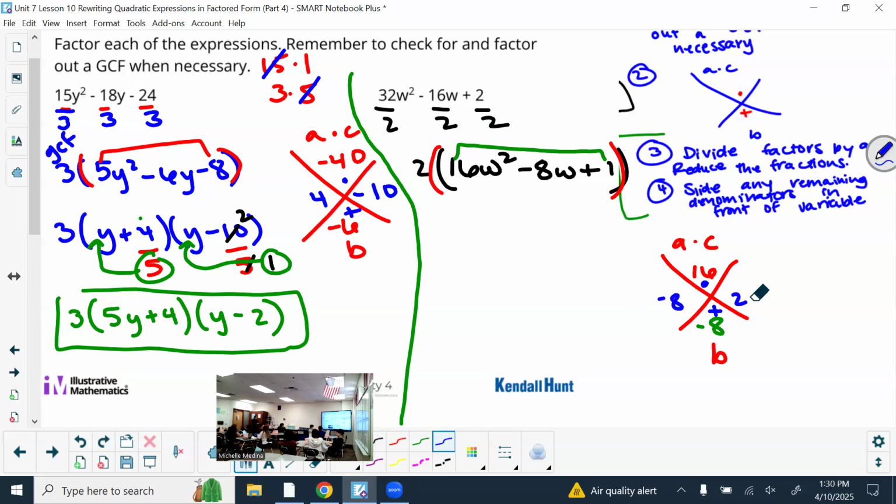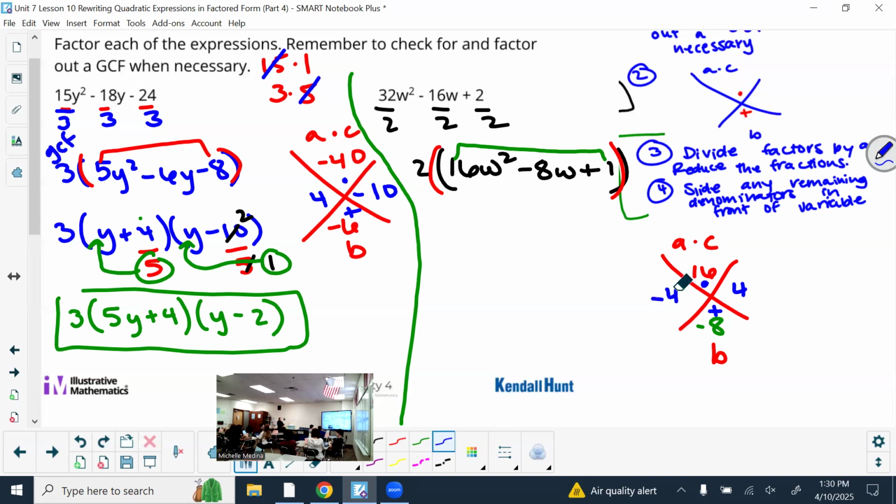Well, if I multiply them, then I would get a -16, which should be positive. If I add them, I get a -6, so it can't be those numbers. What else multiplies to 16? So it multiplies to 16. How do I make it add to -8 though?